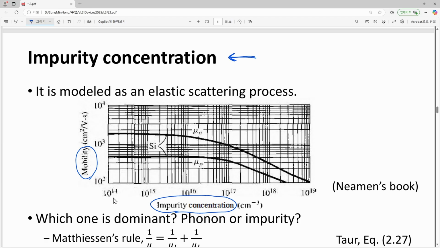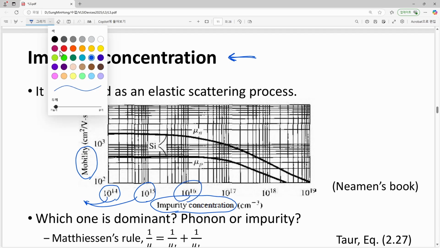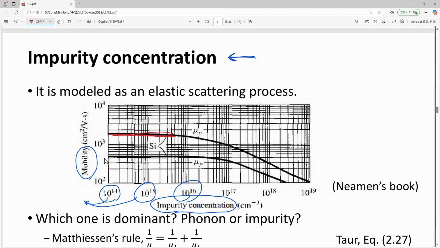You know that 10 to the 14, 15, these numbers are almost intrinsic. Even 10 to the 16, the mobility shows quite much unchanged value. Of course, you can see a slight difference, but compared with this huge drop here, there is almost no difference at all.